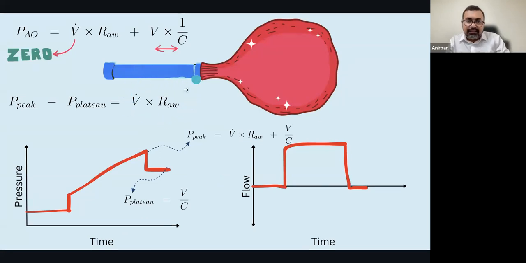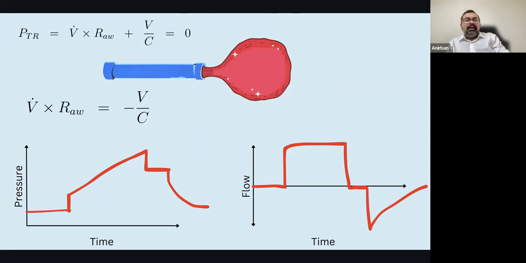So as the resistance increases, the trans airway pressure increases, the gap between the peak and the plateau pressure increases. And then the expiratory phase, what happens during expiratory phase? There is no pressure, it is a passive process. So the trans expiratory pressure is 0. So if this is 0, then the flow into resistance becomes minus volume by compliance because their addition is 0.